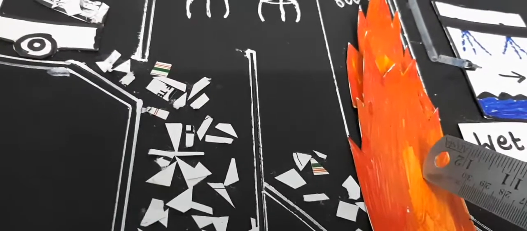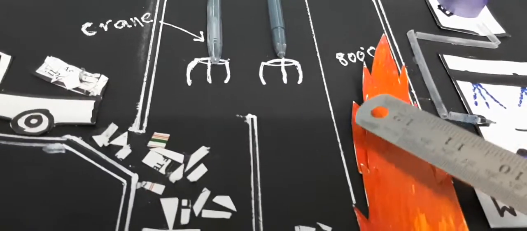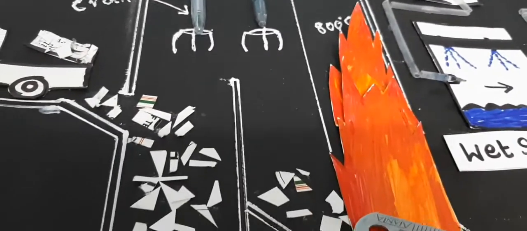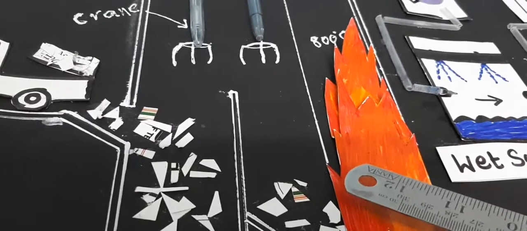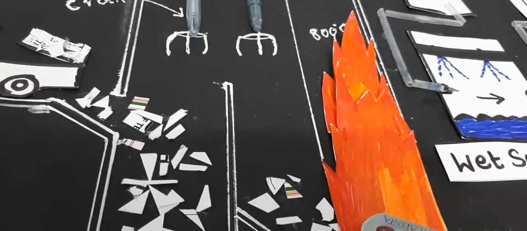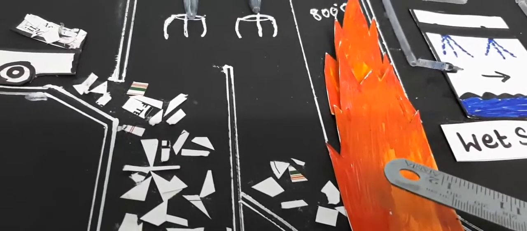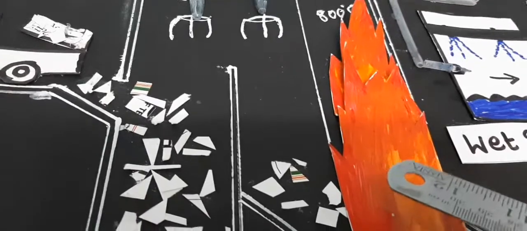What are the gases that may be produced during burning? Organic substances mostly, so the carbon present in them gets converted to carbon dioxide, and hydrogen gets converted to water vapor, H2O.